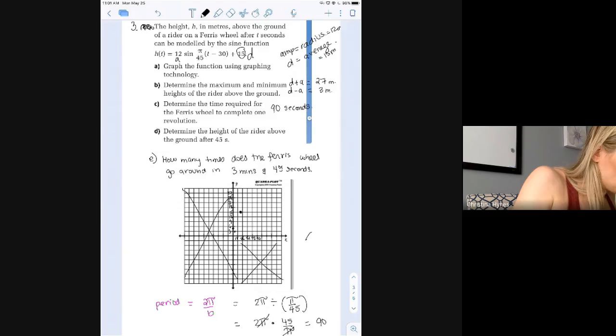So I know that it reaches the maximum approximately at, let's see, probably about like 58 point something. Oh, it should be actually a little bit better.